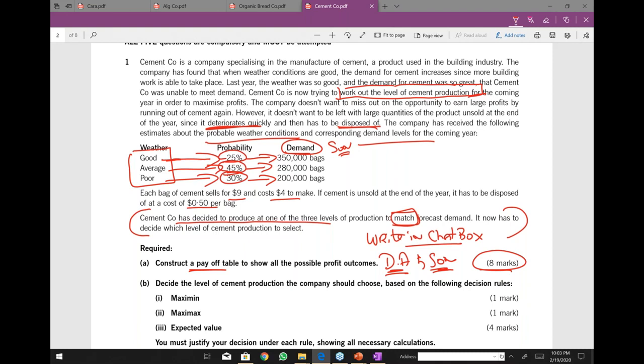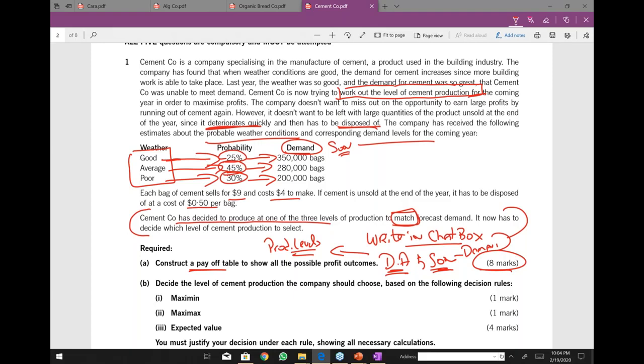Now demand is state of nature, okay? Now what is DA? DA is the production levels. Production level is something that is in the control of the decision maker. How many units to produce is in the control of the decision maker.